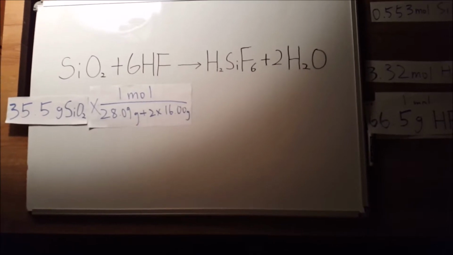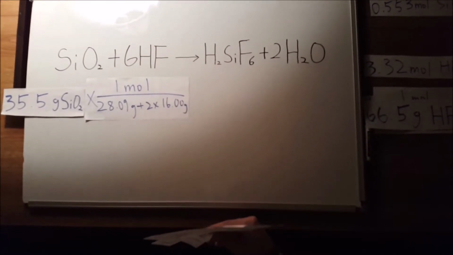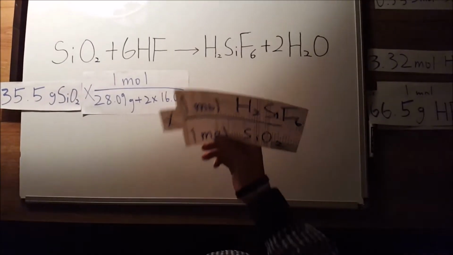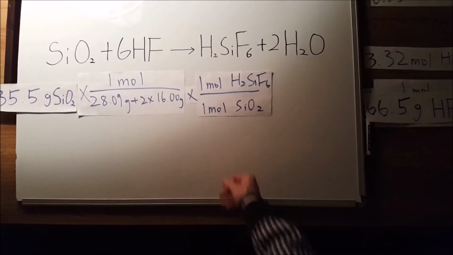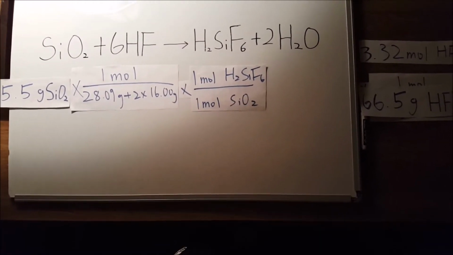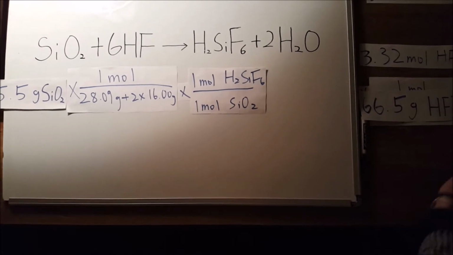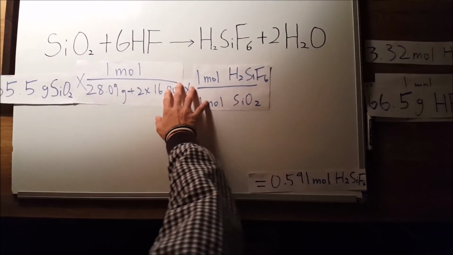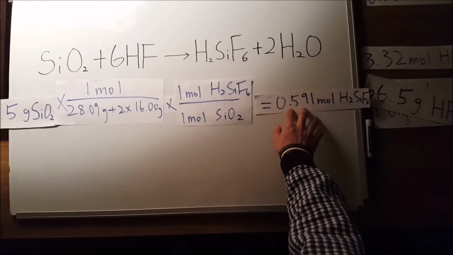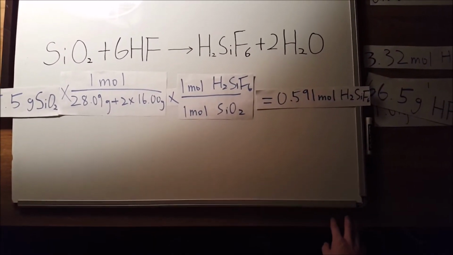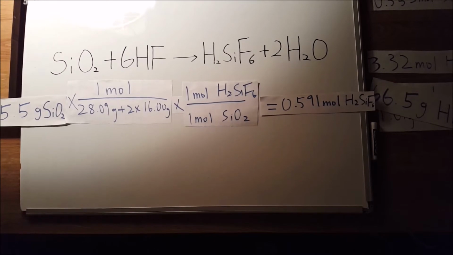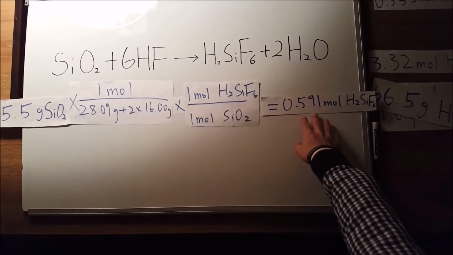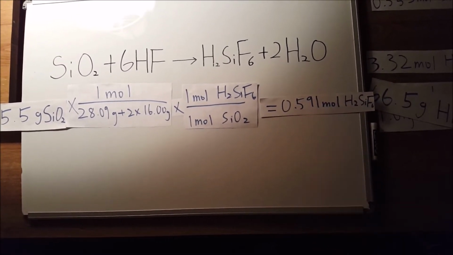Then we multiply this by the molar ratio between H2SiF6 and silicon dioxide, and finally we get the moles of hexafluorosilicic acid, which is 0.591 mole.